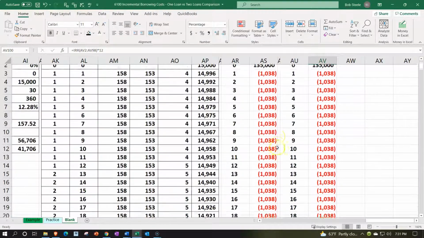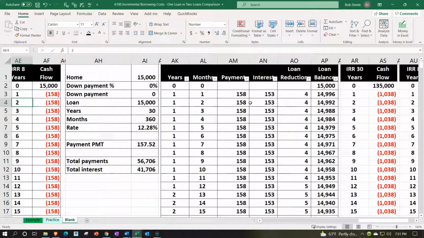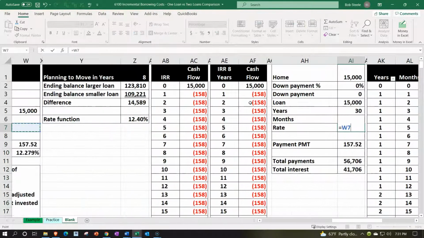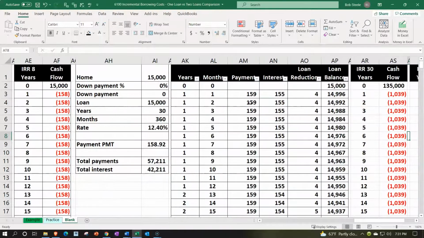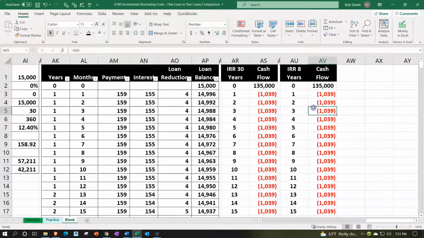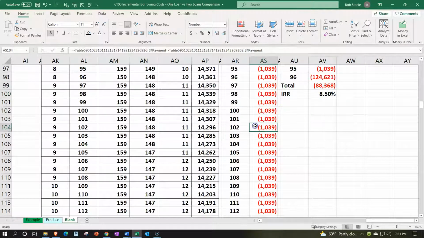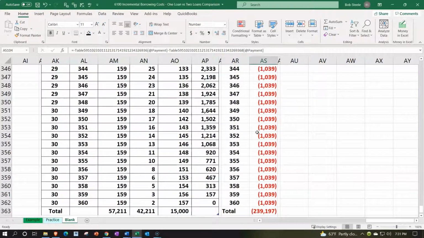And then if I change that number over here, if I say, well, what if I make the interest rate on this second $15,000 loan equal to the incremental borrowing cost that we came to, the 12.4, then we should get to the 8.5 again if we stop after the 8 years. This one will now be, you would think, 8.5. This column will now be slightly different given the fact that we've now changed it.